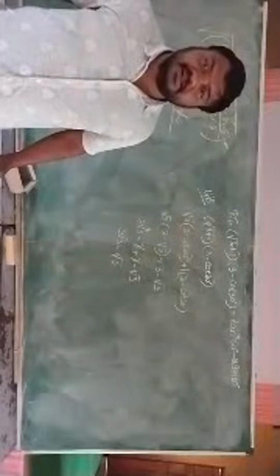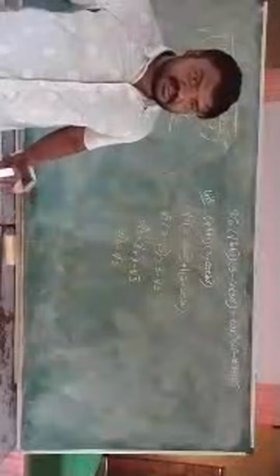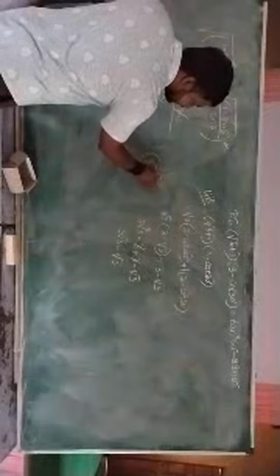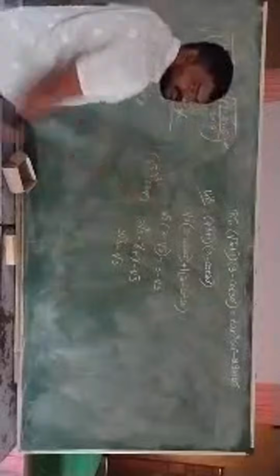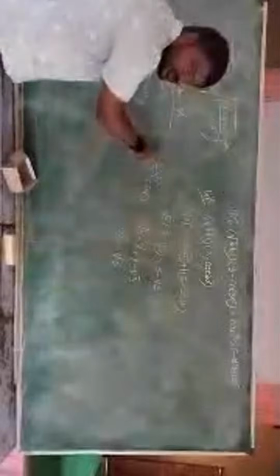3 root 3 minus root 3. What is the value of tan 60? Root 3, correct? So root 3 cube is nothing but what? Cube of root 3 is equal to 3 root 3, am I right? Cube of root 3 is root 3 into root 3 into root 3. 2 root 3 is nothing but 3, and 1 root 3 as it is, 3 root 3. 3 root 3 is nothing but root 3 cube. So root 3 cube is nothing but tan 60. Correct?